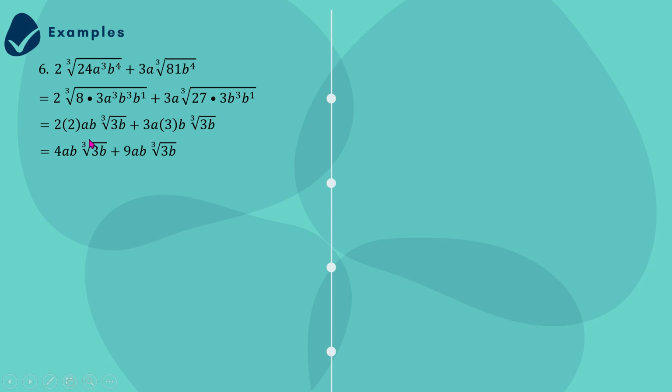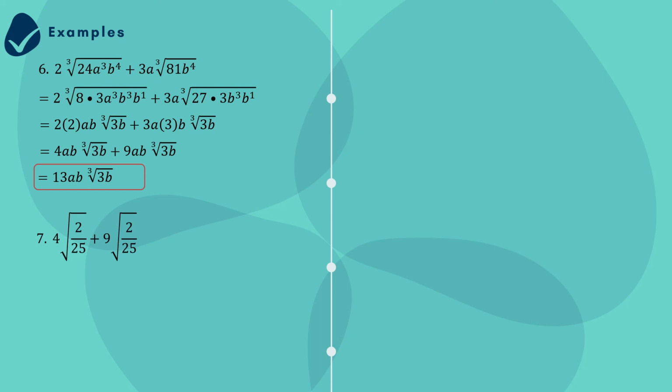Copy ab. Copy cube root of 3b. Plus 3 times 3, 9. Copy ab. Copy cube root of 3b. So, the two radicals are similar now. They have the same cube root of 3b. Then we can add 4ab and 9ab. That is exactly 13ab cube root of 3b.